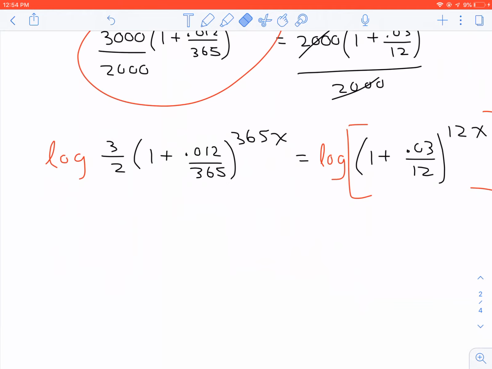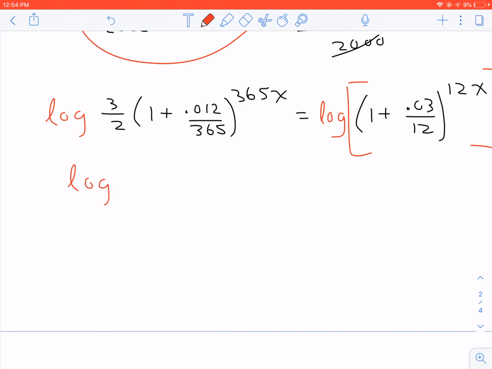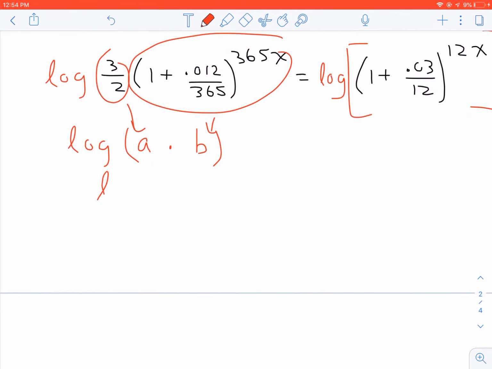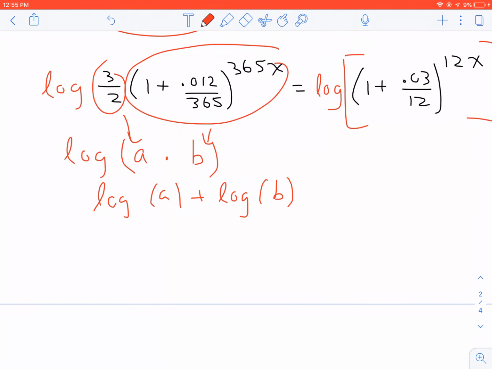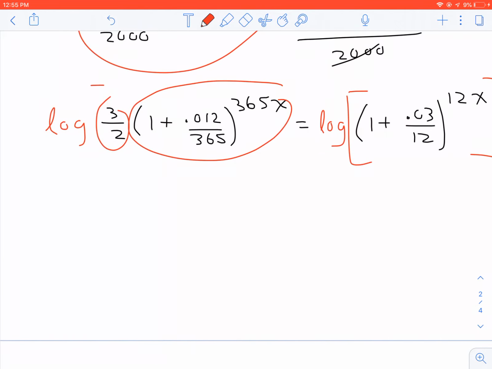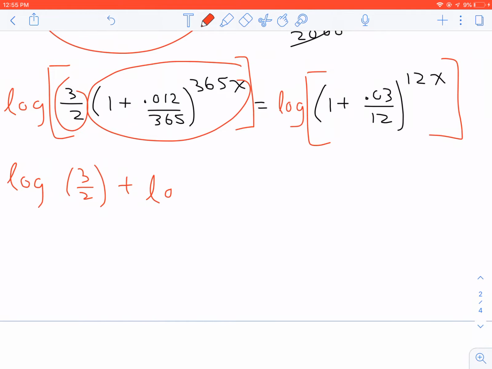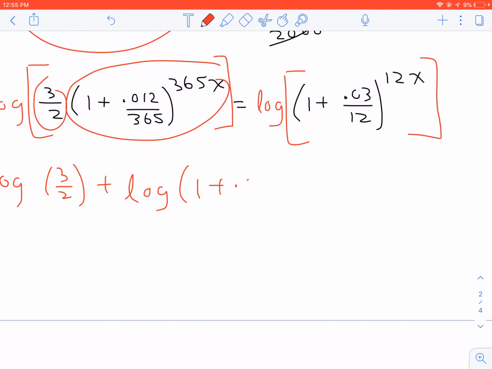What we need to do is treat this like the log of a times b, where 3 over 2 is a and all of that is b. And we know the log of a times b is the log of a plus the log of b. So when I take the log of that argument, I use that product rule, and I make it the log of 3/2 plus the log of all of that.